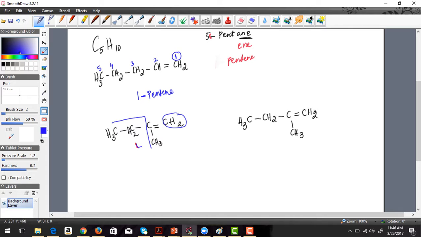This is 4 carbons as well. This, on the other hand, if I go straight, I end up with the same 4 carbons. You should always choose the chain that contains the double bond. So this chain is not possible, which means this is hanging from the chain, right?